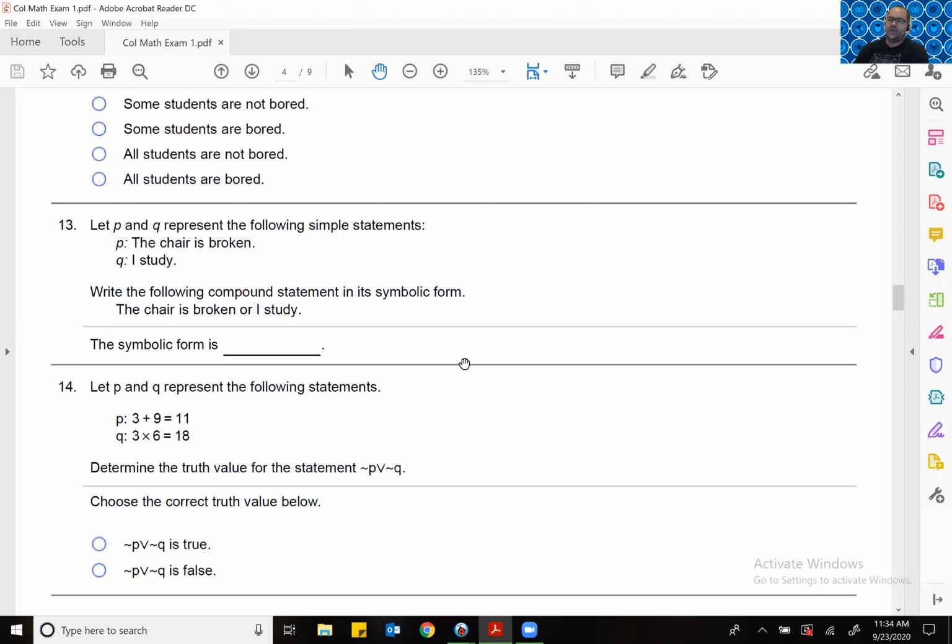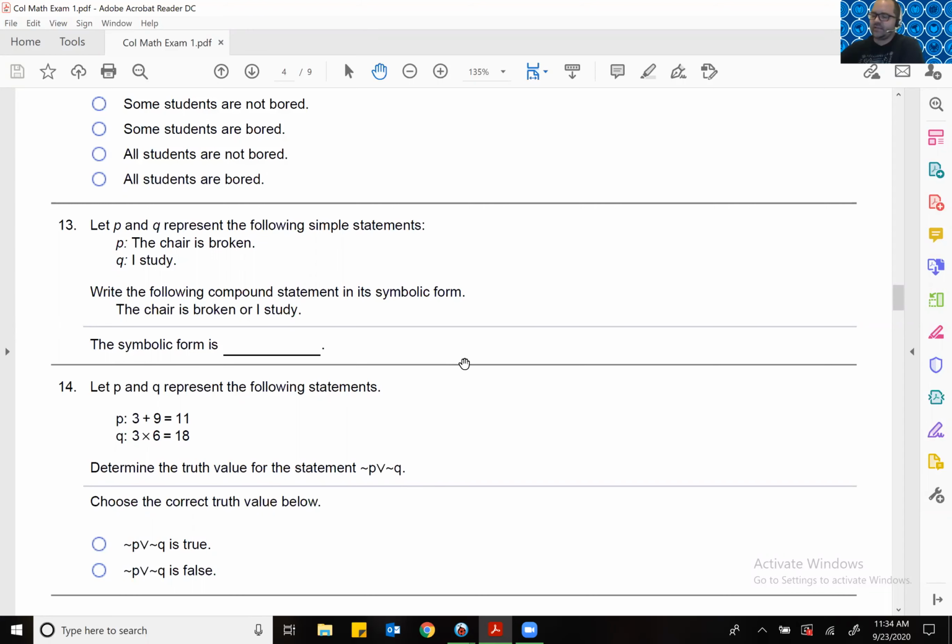So, here they're telling you that you've got a statement P that says the chair is broken, and a statement Q that says I study.